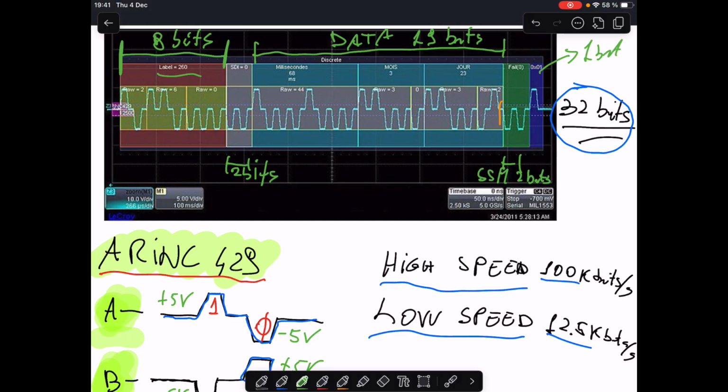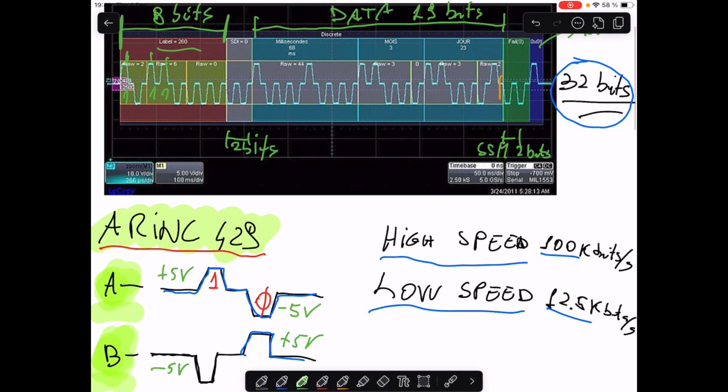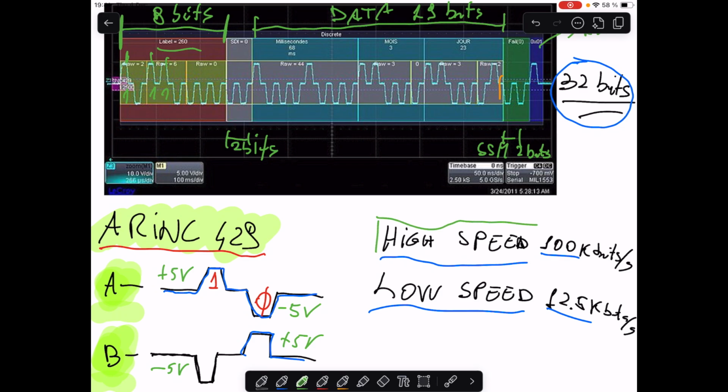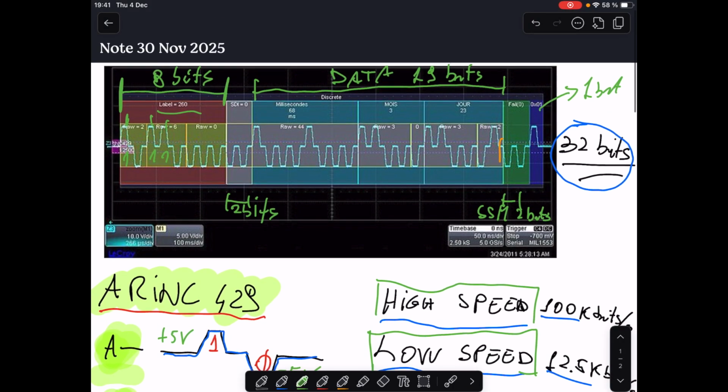It means that this bit is selected in order to always have the number of bits set to 1 be an odd number. The speed of the transmission can be high speed, which is 100 kilobits per second, and low speed, which is 12.5 kilobits per second.